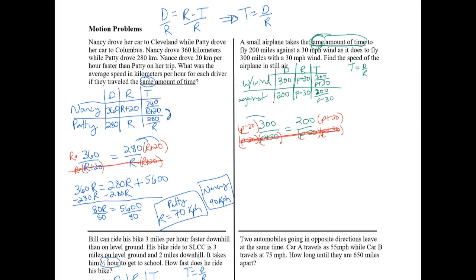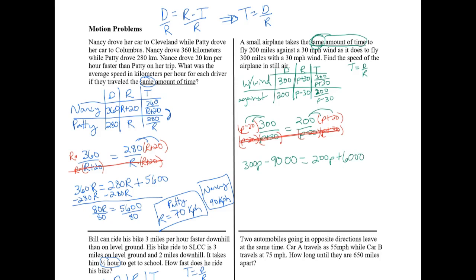I can distribute, so 300 times p is 300p. 300 times negative 30 is negative 9,000. Equal to 200 times p is 200p. 200 times 30 is a positive 6,000.